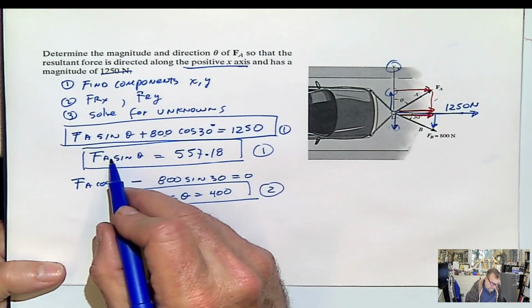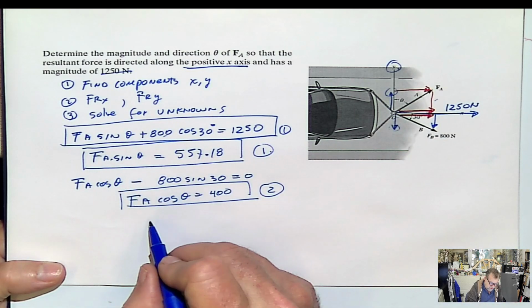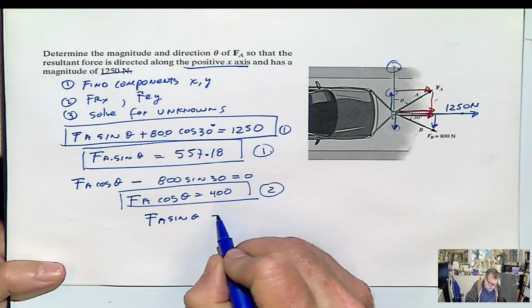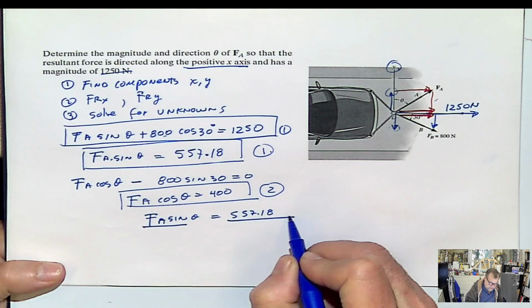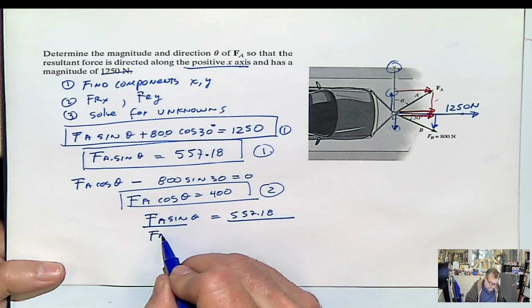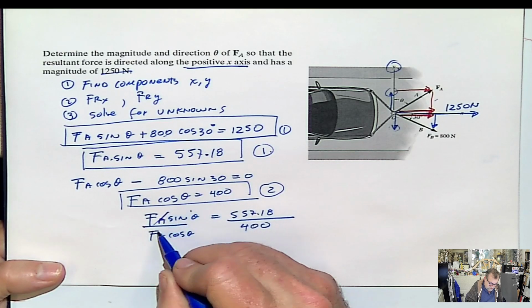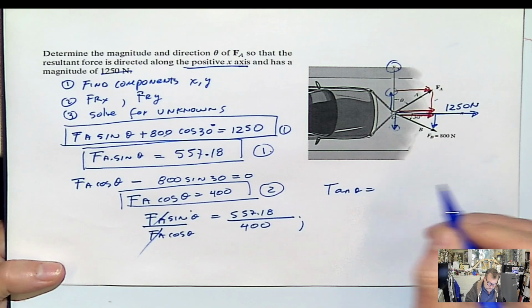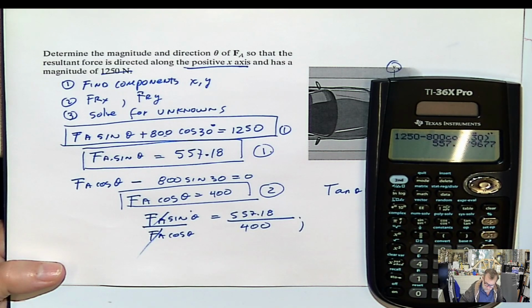And now I'm going to divide equation 1 by equation 2. You can use any method that you want to. I just like dividing it. So I have FA sine of the angle equals 557.18, equation 1, divided by equation 2, FA cosine of the angle equals 400. FA and FA cancel out, and then you get tangent of the angle equals 557.18, I still have the number there, divided by 400.